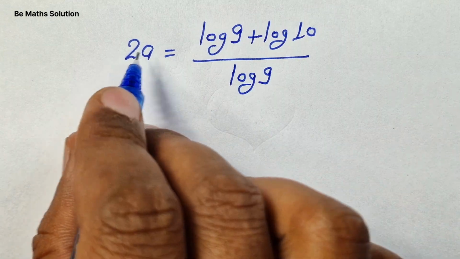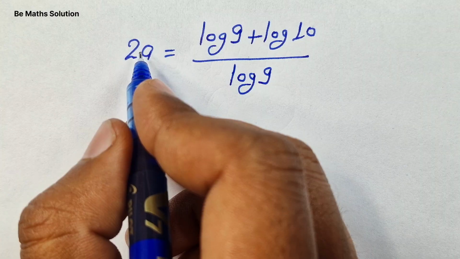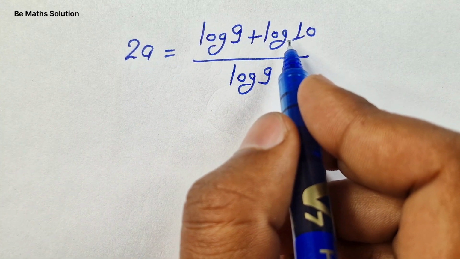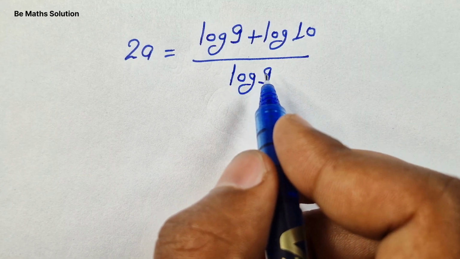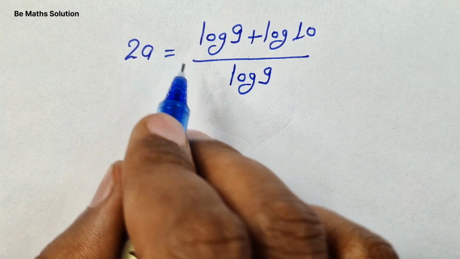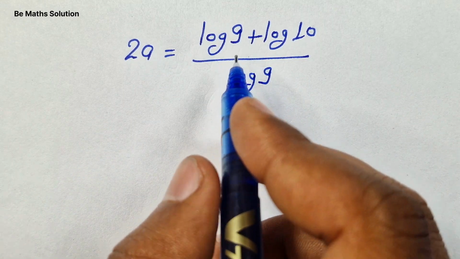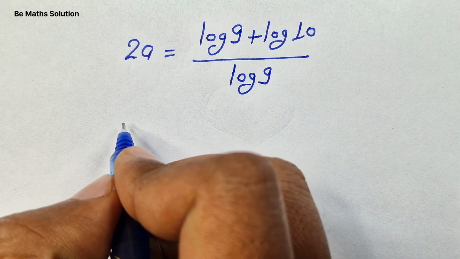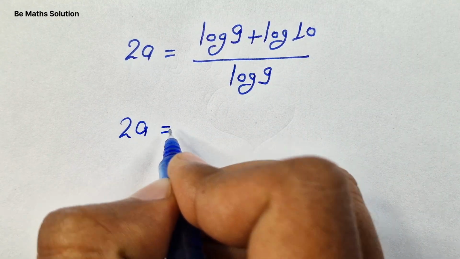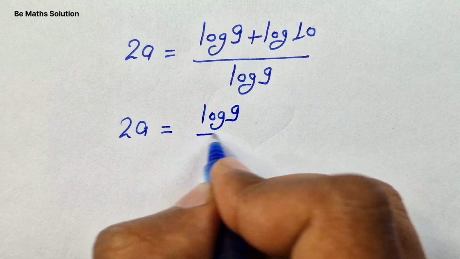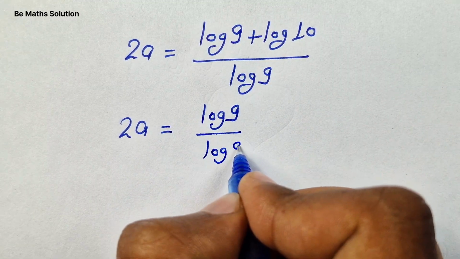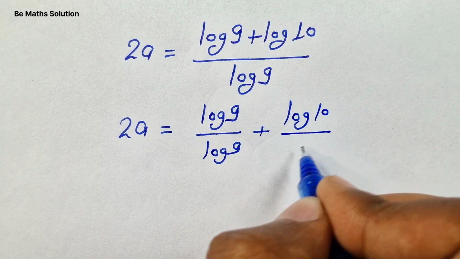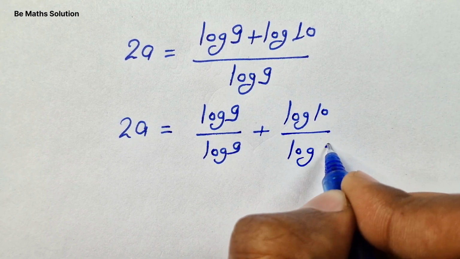Then 2a is equal to log 9 plus log 10 over log of 9. We divide by log of 9 in this part and this part, so 2a is equal to log of 9 over log of 9 plus log of 10 over log of 9.